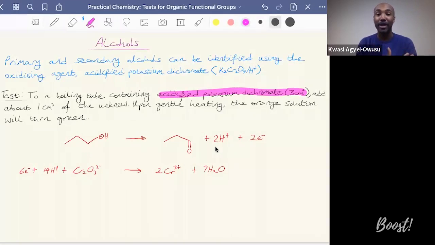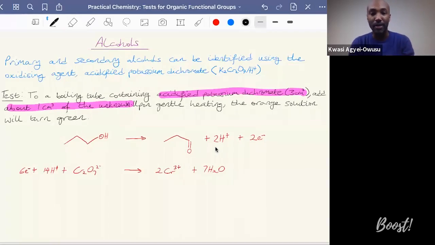And to that acidified dichromate solution, you're going to add about 1 centimeter cubed of the unknown. So my spelling has gone a bit awry there. Let's put an N at the end of unknown. So you're going to be adding your unknown to your acidified potassium dichromate, and then you're going to be heating gently, and the orange solution should turn green.